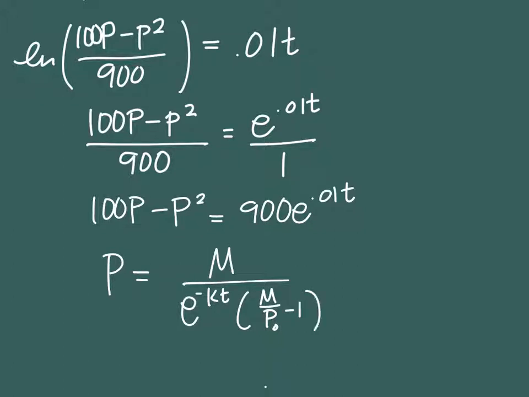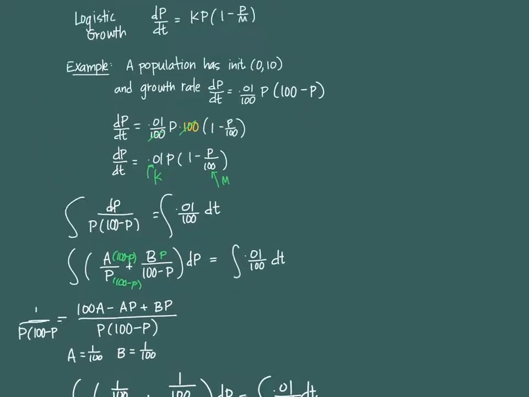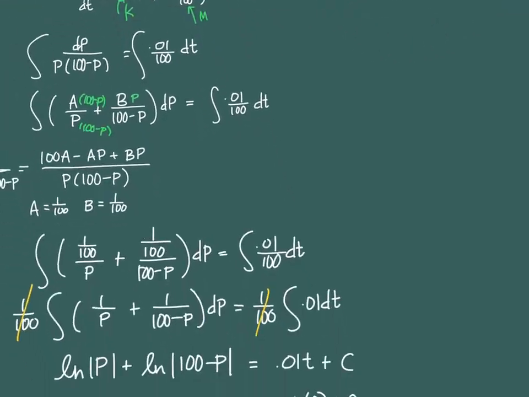Yep. Okay, so now I'm not going to make you go through that whole process all over again. We already did it. So we're going to jump from where we're at now to here by putting in what we know. So what do we know M is? 100. M is 100. We knew that from the beginning, all the way back there where I pointed it out, that M was going to be 100.